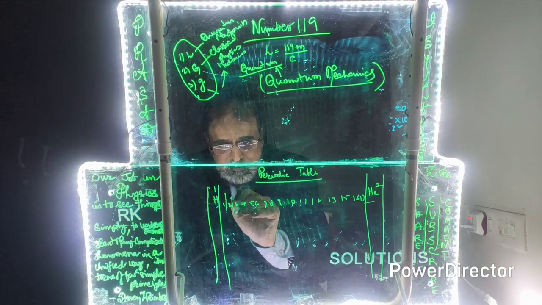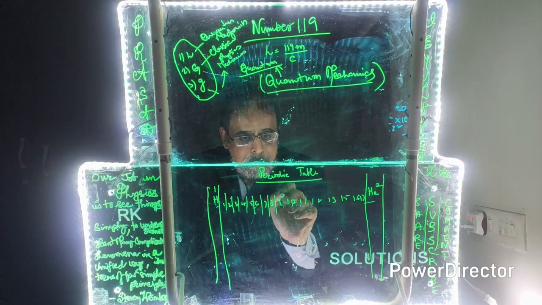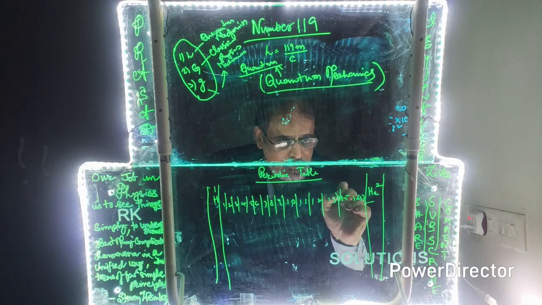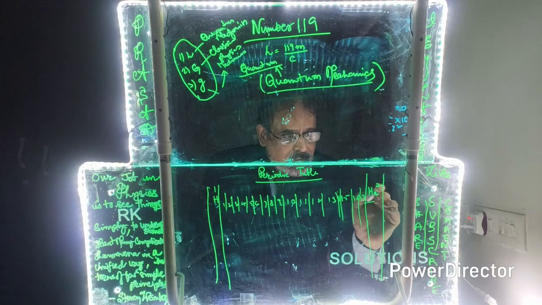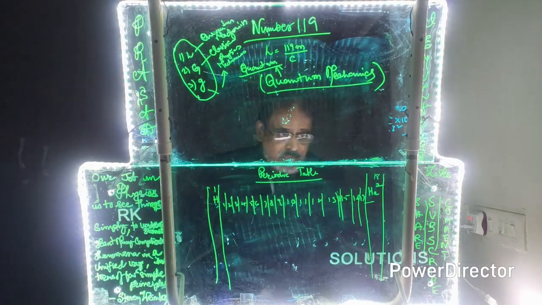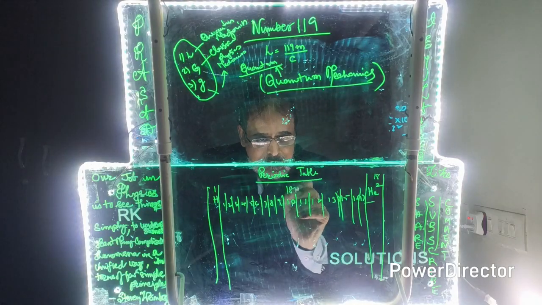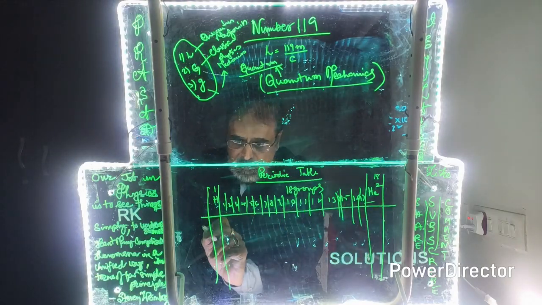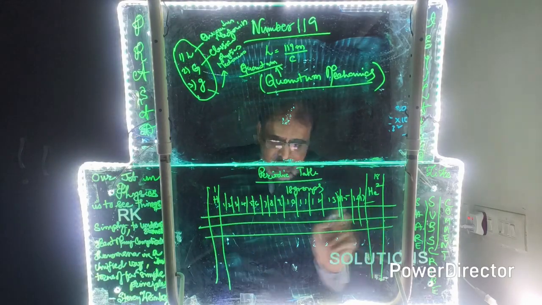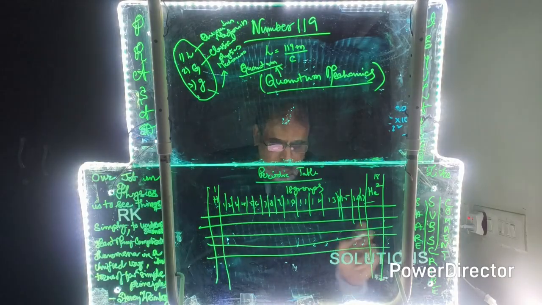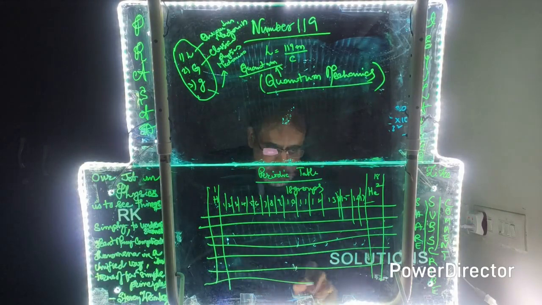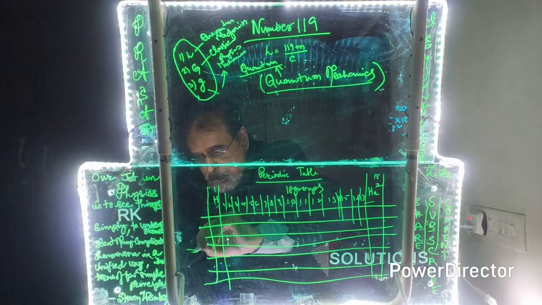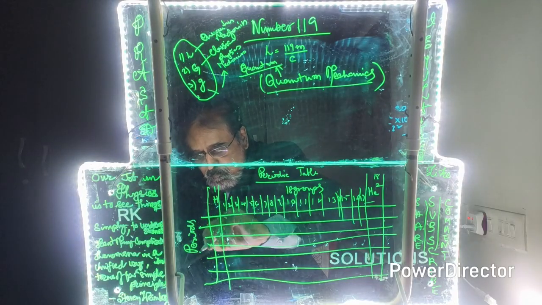So there are 18 groups, and you have 2, 3, 4, 5, 6, 7. These are the 7 periods, right?